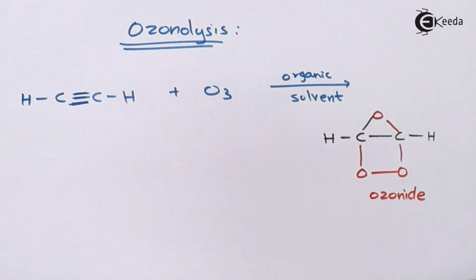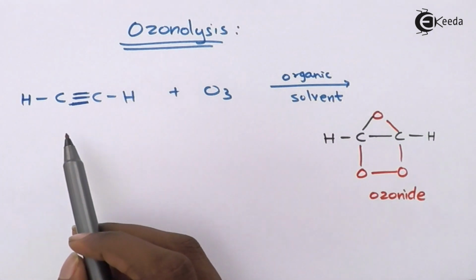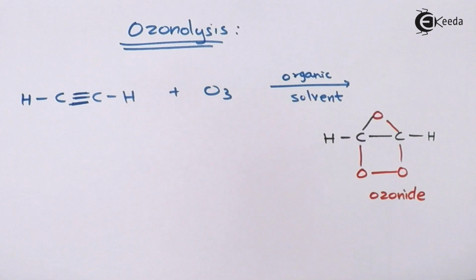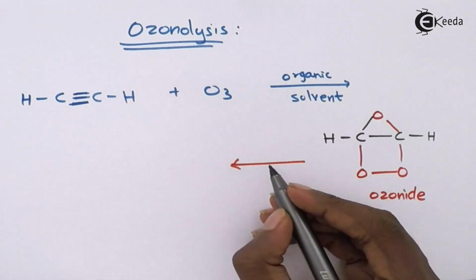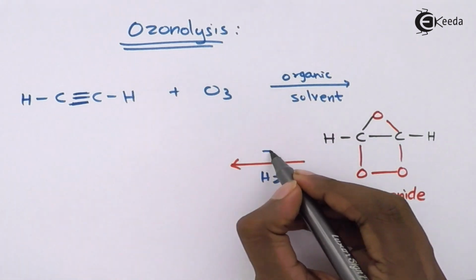This ozonoid is because of the reactant like acetylene. So therefore the name of this would be acetylene ozonoid, and then the hydrolysis process would take place, where we will use H2O, and that too in presence of zinc.